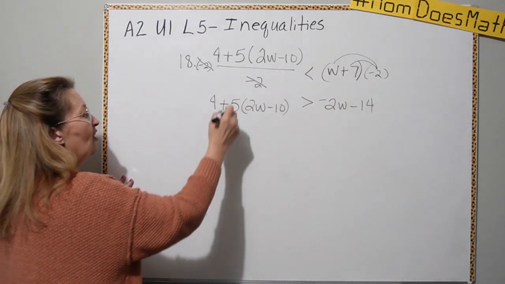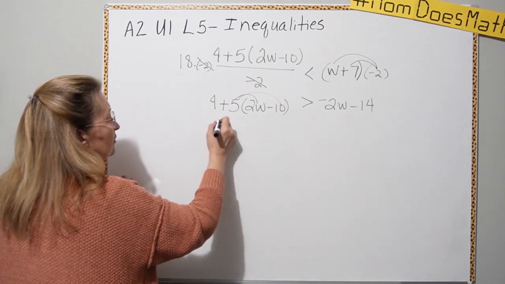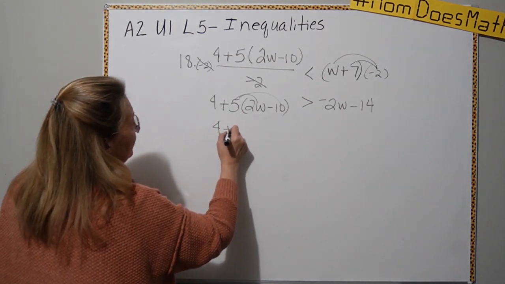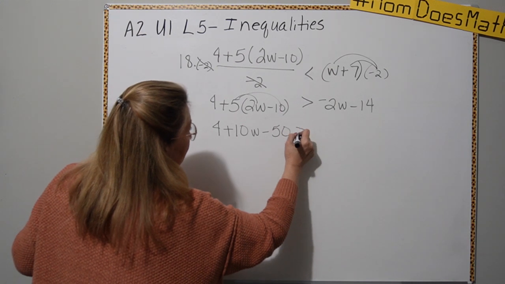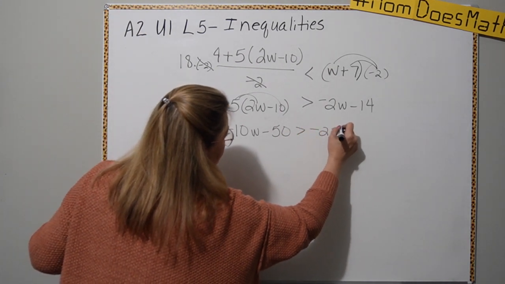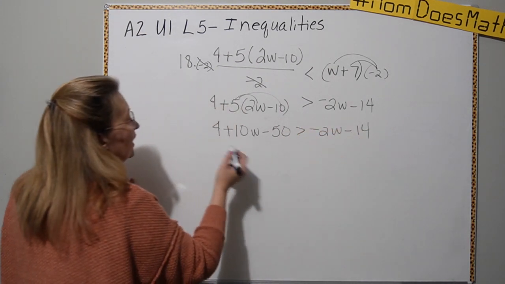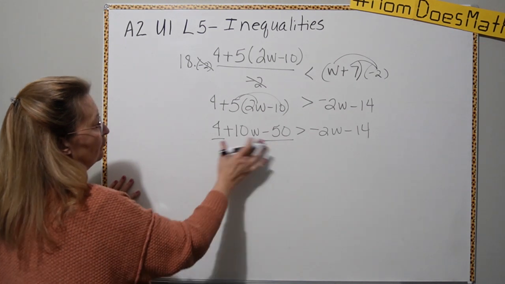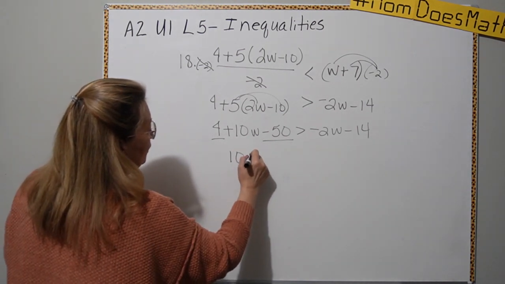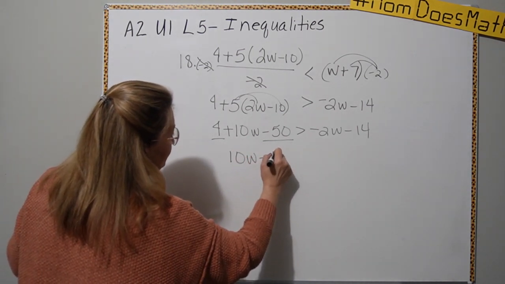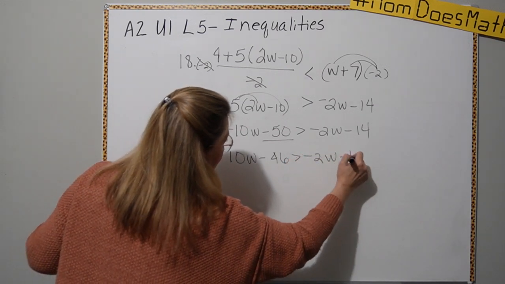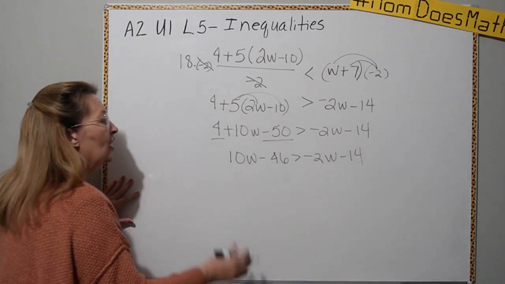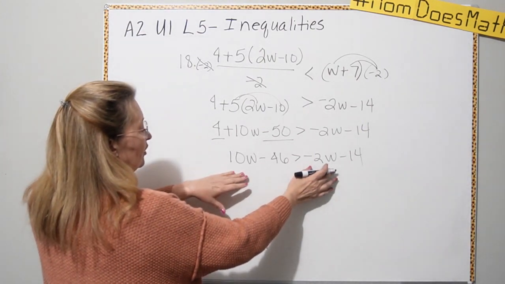All right, now we're just solving. Let's distribute the 5 into here. So I'm going to have 4 plus 10w minus 50 is greater than negative 2w minus 14. Combine terms here, 4 and the minus 50 will give me 10w minus 46 is greater than negative 2w minus 14. All right, next, let's eliminate one of our variable terms.